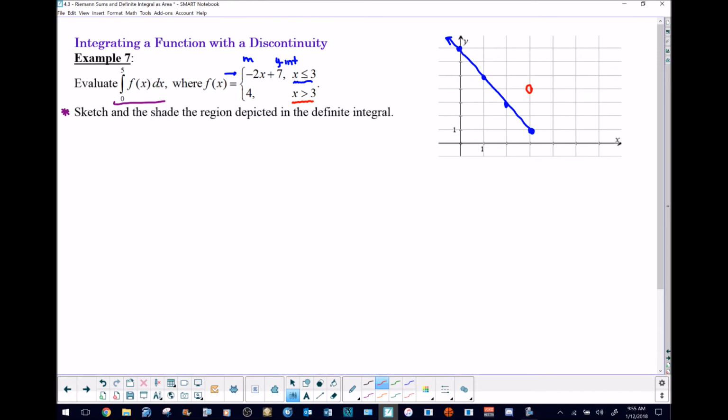So we're going to go ahead and sketch that. And let's see if we can make that hug that line a little bit better. There we go. And that would continue off forever. But now we start to pay more attention to what our definite integral is wanting us to do. We are only going to find the area underneath the curve between 0 and 5.